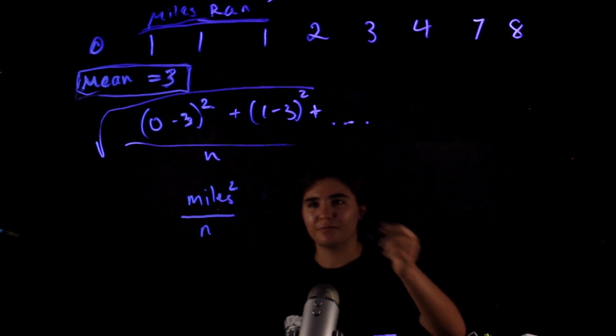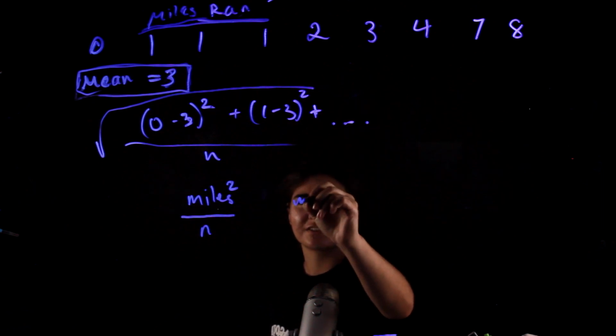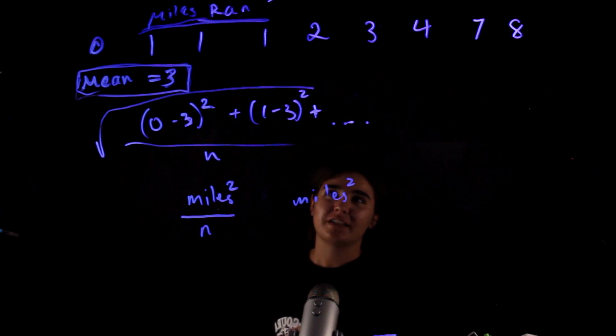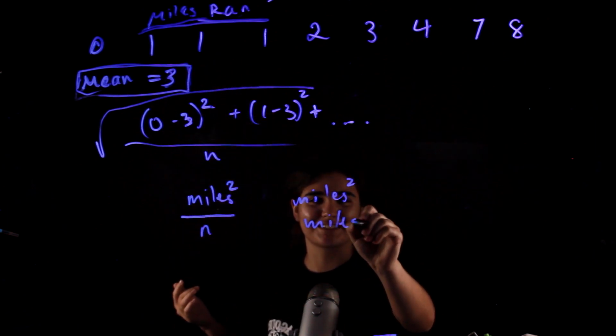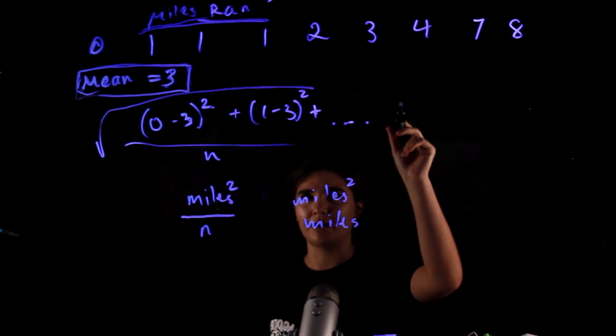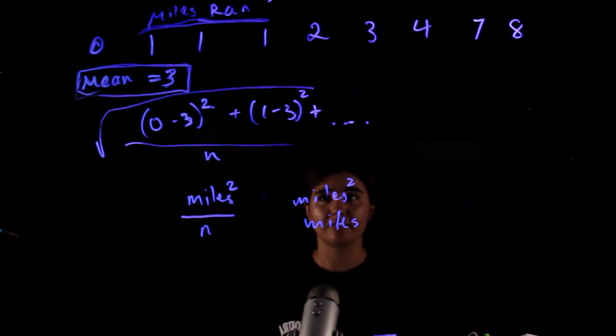So if our answer is in miles squared, that's a different unit than what this is in, which is just in miles regular, miles to the first power. So we square root it to try to get it to the first kind of unit so that we can actually compare them. And yeah, that's basically it.